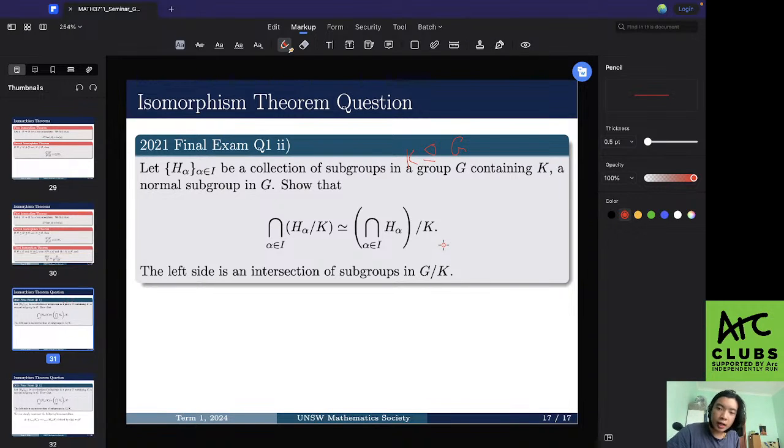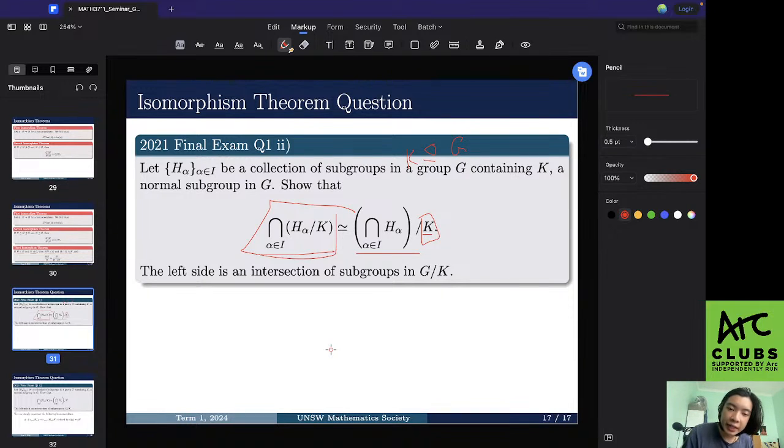This form is kind of similar to what we might have seen before. It's essentially just some group, right? We know that the intersection of a bunch of groups is a group itself. So we have a group over something which is isomorphic to something else. That suggests, hey, maybe we can make something where K is the kernel and we have this as our image.